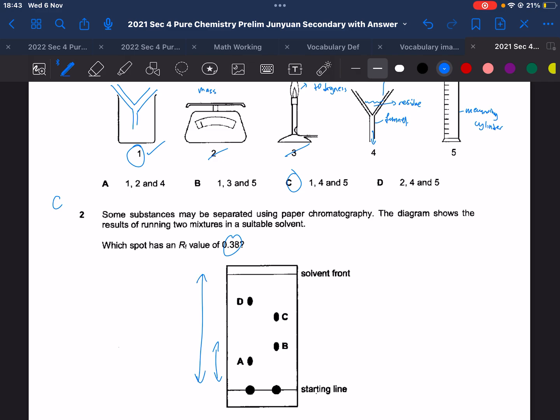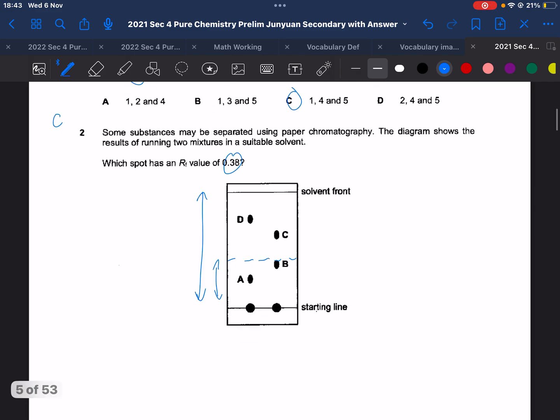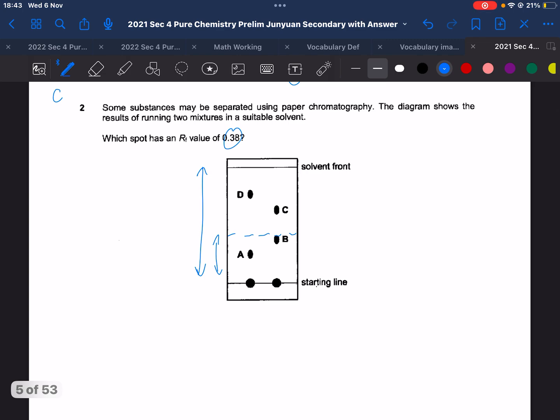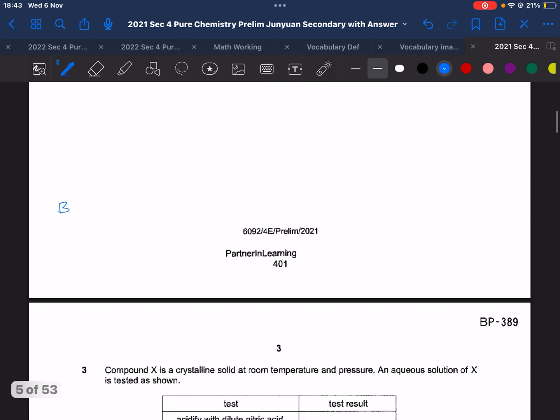So I'll just eyeball it. Maybe 0.38 should be around here, where this is about a third, close to a third. Yeah, about a third of the total distance from the start line to the solvent front. So the answer would be B if I eyeball it. Okay, but usually in exam we will use a ruler to measure using the actual dimensions and whatnot.